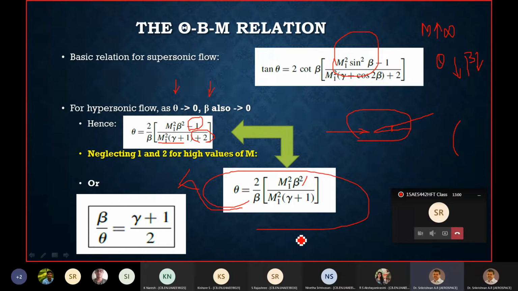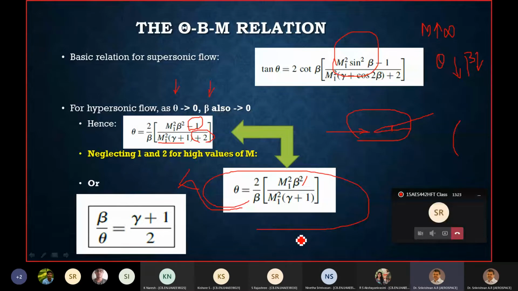So it only depends on the gas property gamma. So beta by theta tends to become gamma plus 1 by 2 as M1 increases and theta reduces. This is an observation that we can carry forward. We'll have some applications for this as we go by.